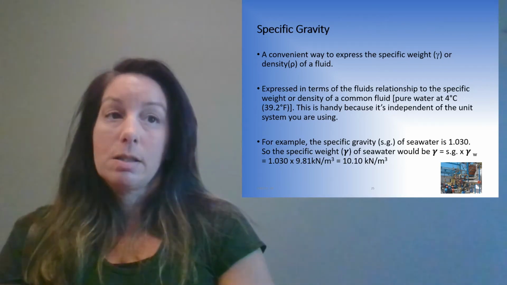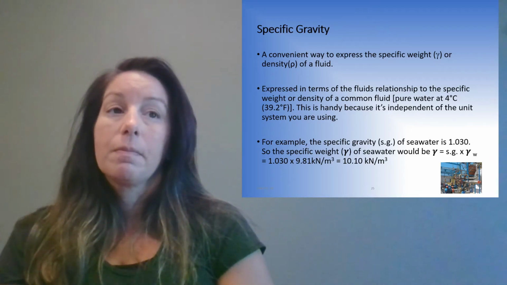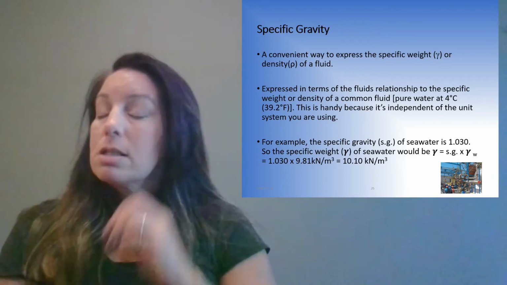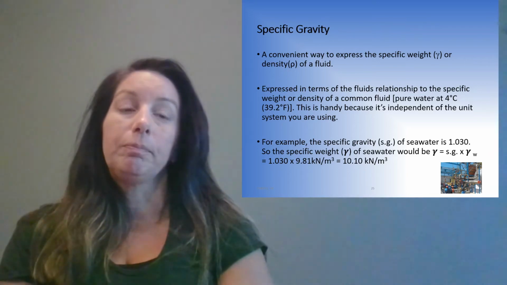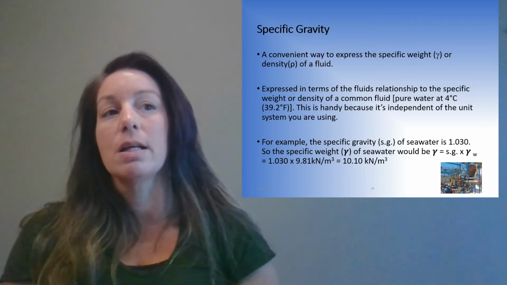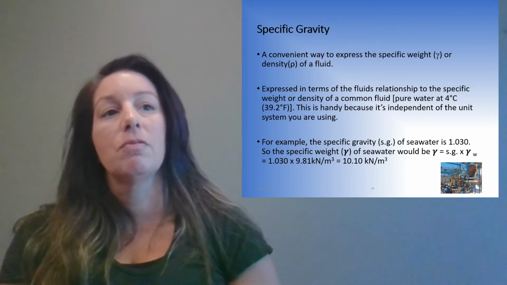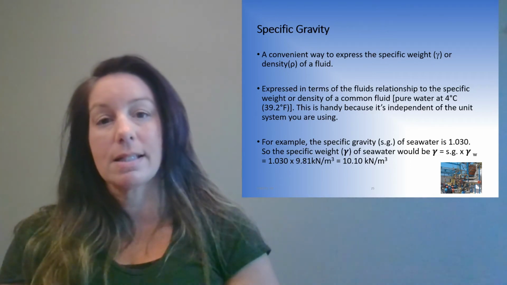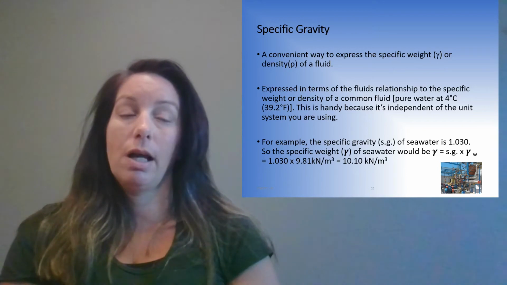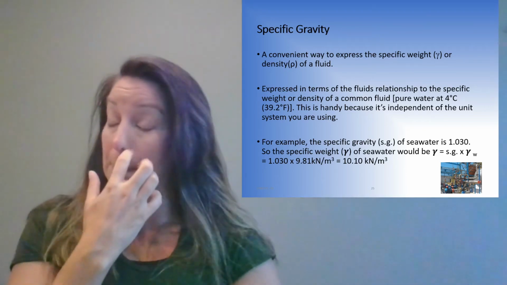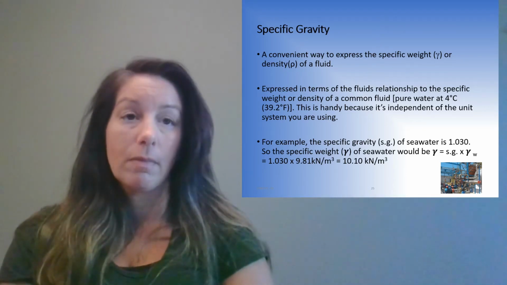Generally, this is pure water at 4 degrees C. So pure water, not salt water, pure water at 4 degrees. And 4 degrees C happens to be the densest it'll ever be. So water is denser at 4 degrees C than it is at 10 degrees C.